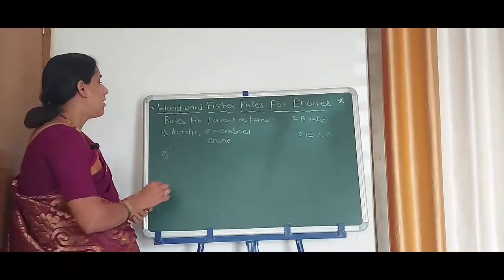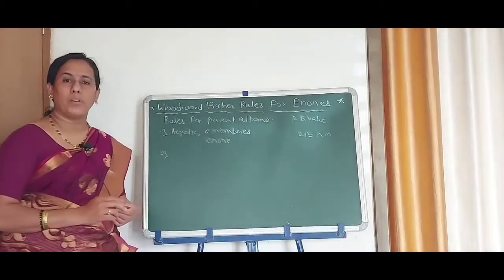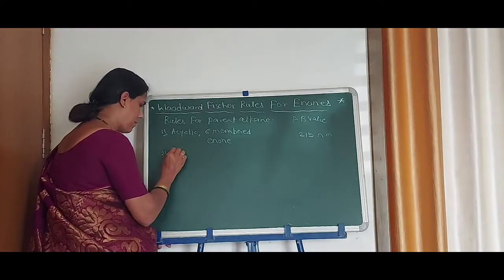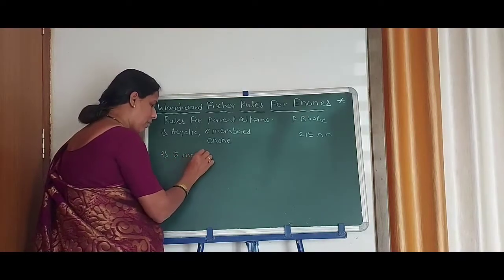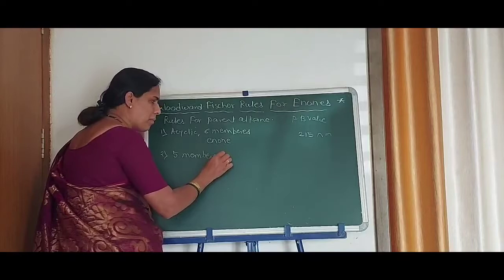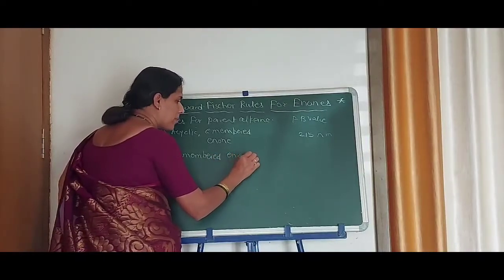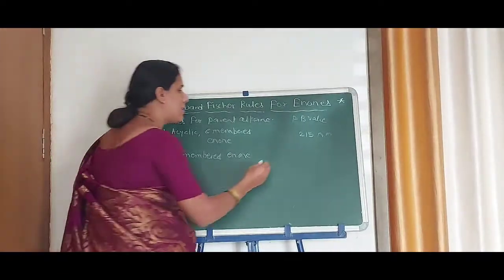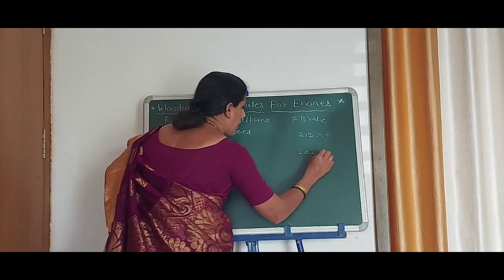Second, if the compound is a five-membered enone, it possesses a basic value of 202 nanometer.